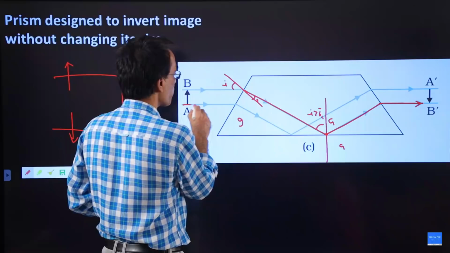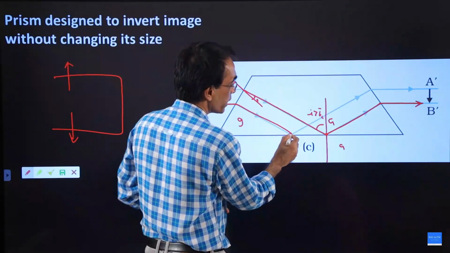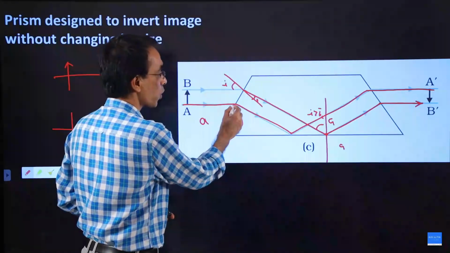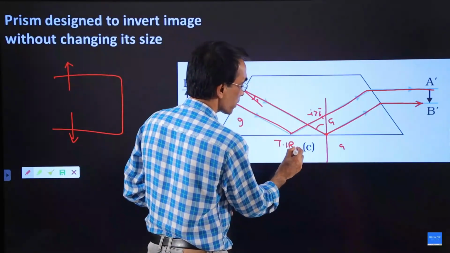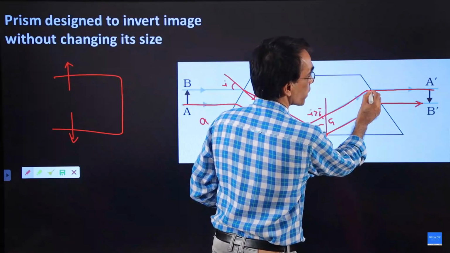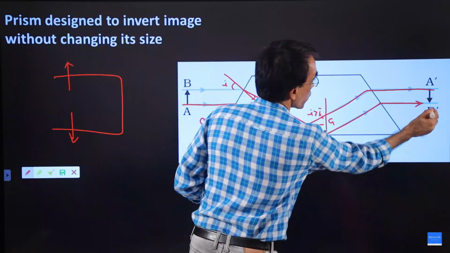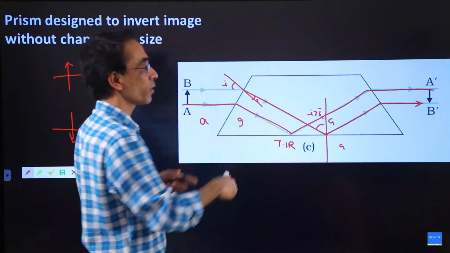Similarly, light coming from point A: ordinary refraction, total internal reflection, ordinary refraction. So this is normal refraction, this is where you have TIR, then this is again normal refraction, you get it. So light coming from B reaches bottom here, light coming from A reaches the top here, so you get an inversion in the image.